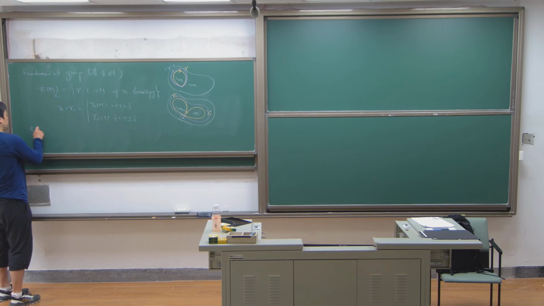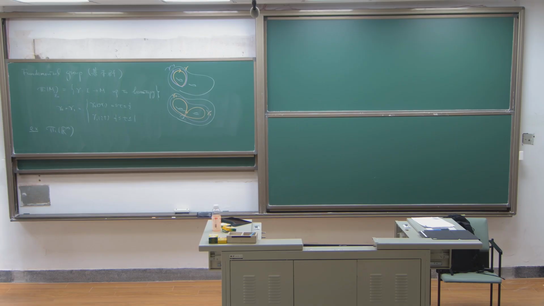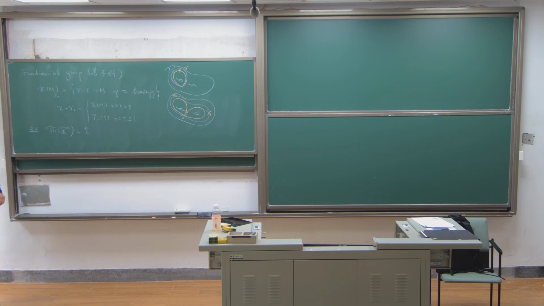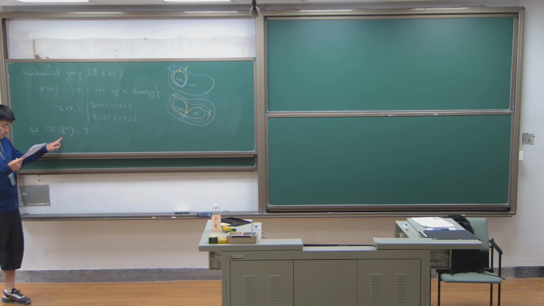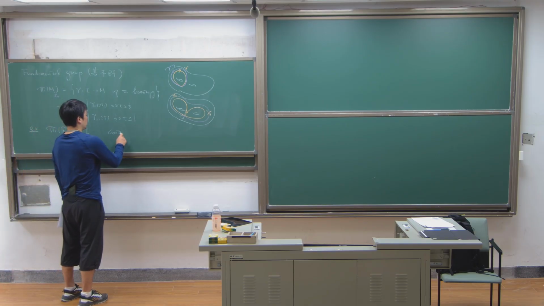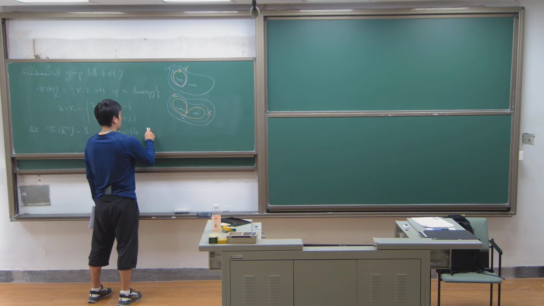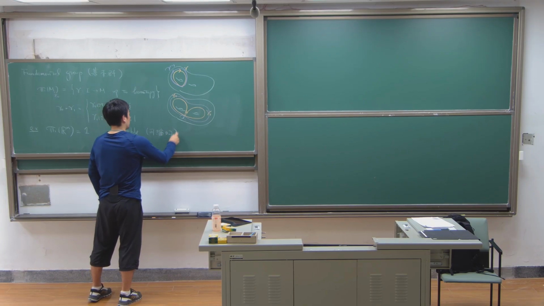So example, π1 of Rn is what? Trivial, wonderful. So this is contractible. Rn 是可缩的, contractible.